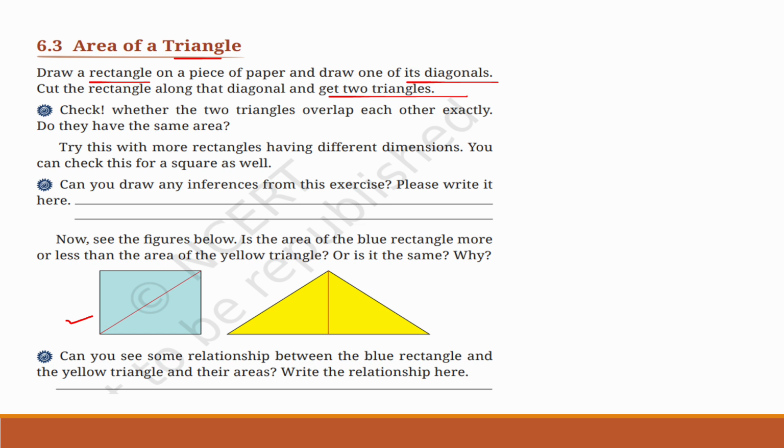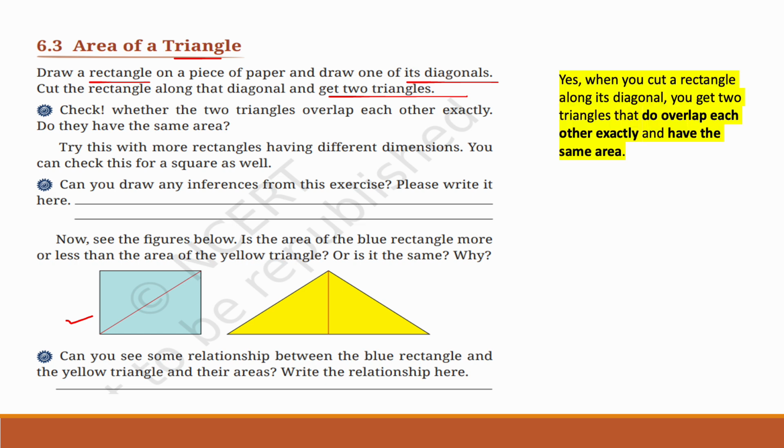Check whether the two triangles overlap each other exactly. Do they have the same area? Keep the triangles in such a way that they overlap each other. Do they overlap exactly?